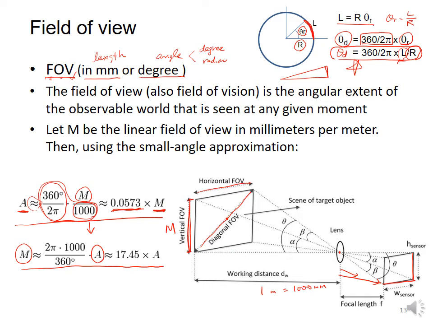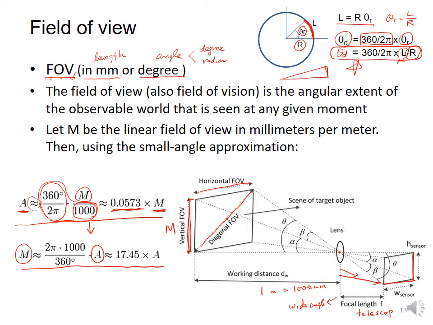Longer focal length means a telescope lens, and shorter focal length is a wide angle lens.